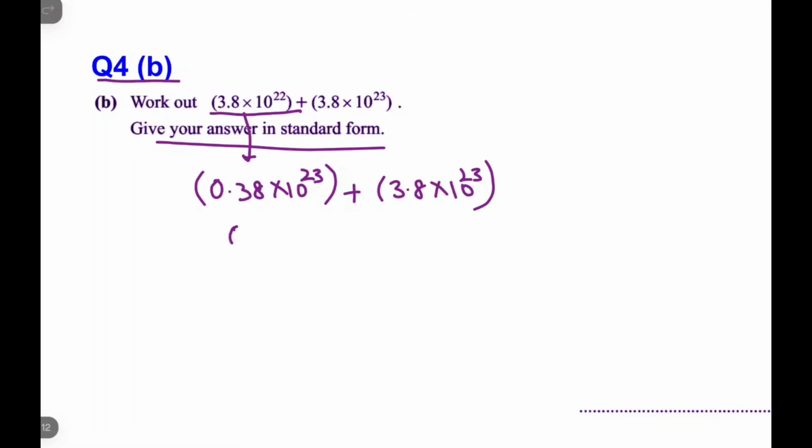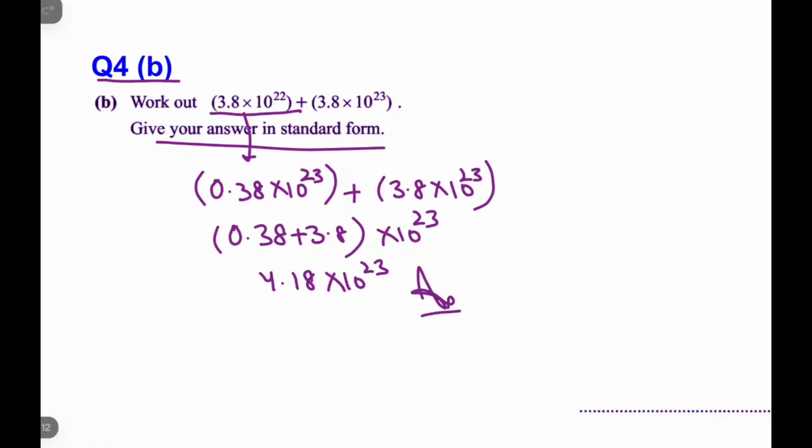Further it can be written as 0.38 plus 3.8 times 10 raised to power 23. Now 3.8 plus 0.38 will be 4.18 times 10 power 23, which is in standard form. So this will be our final answer.